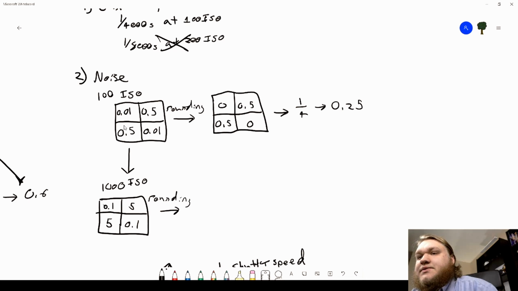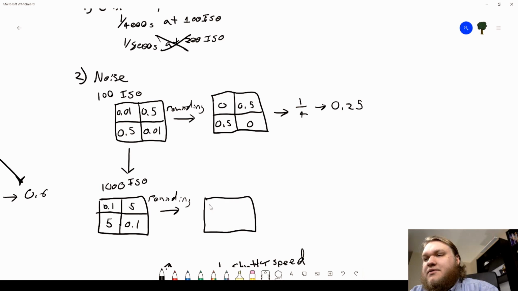This ISO is also called gain, and there's analog and digital gain, and there's a whole mess. I'll leave a link in the description to a good video by Tony Northrup, where he discusses the intimate details of ISO and what's called ISO invariance. I'm not going to get into that for now. But here, after our rounding, we have 0.1, 5, 5, and 0.1. So when we add all these up, that's 10.2 over 4.